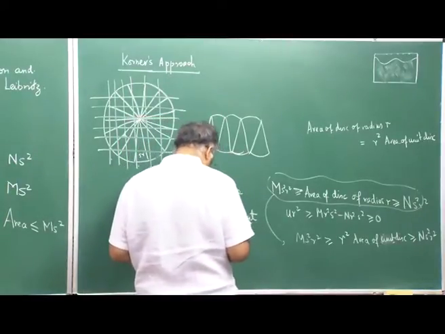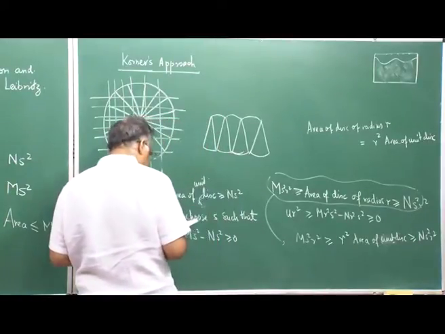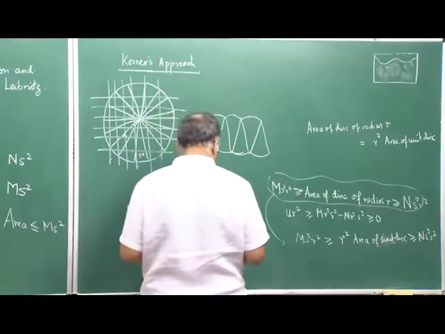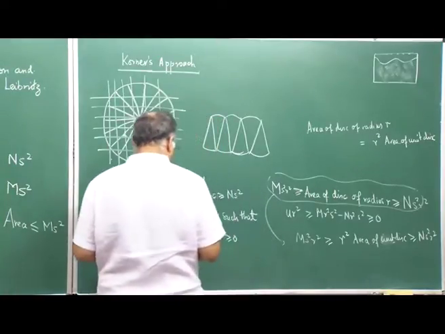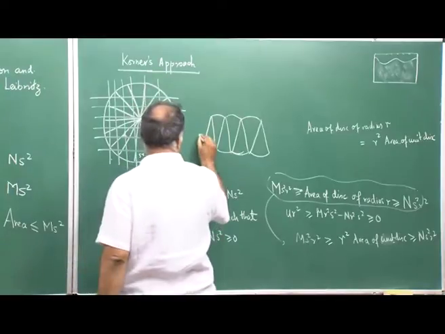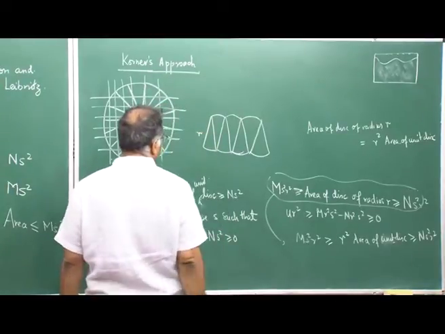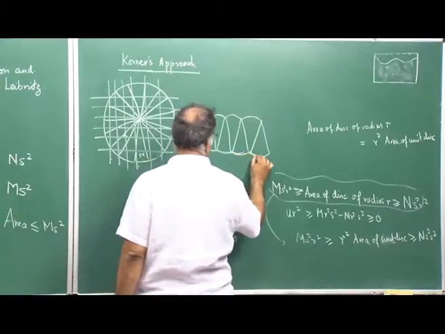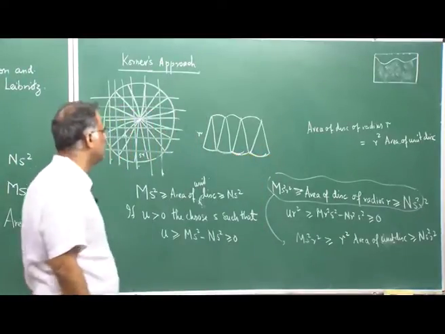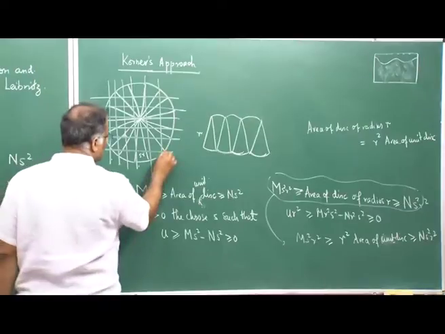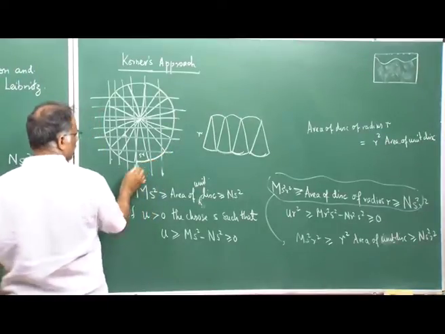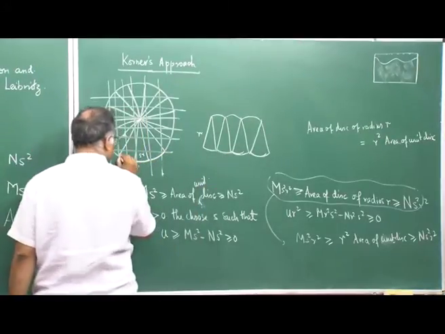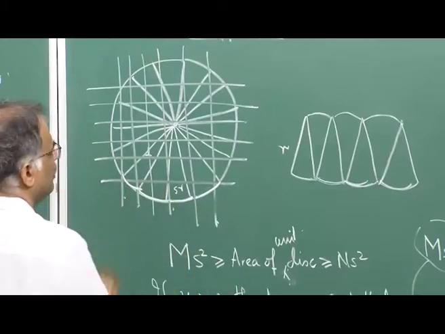And then, what do I have? This is the length R, and what is this part? The bulge that you see comes from this part of the circle, the sides of the cake.